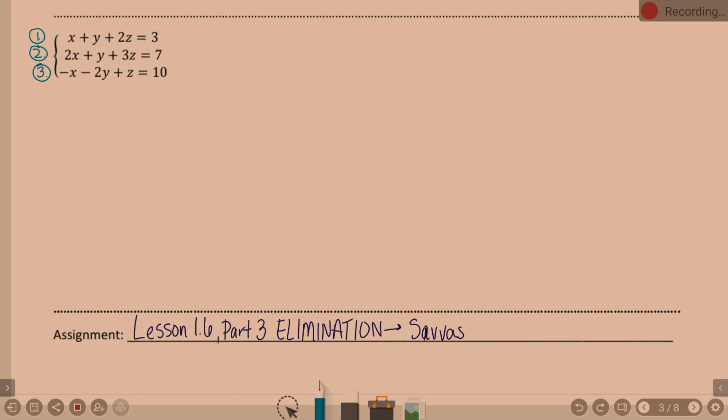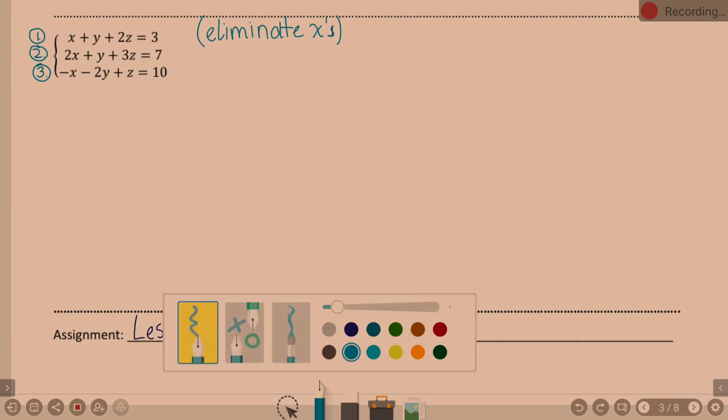It would take a little bit more. So I do like the idea of eliminating x's. So with that in mind, which 2 are we starting with? 1 and 3. Okay, 1 and 3 are a good combo to get started with.